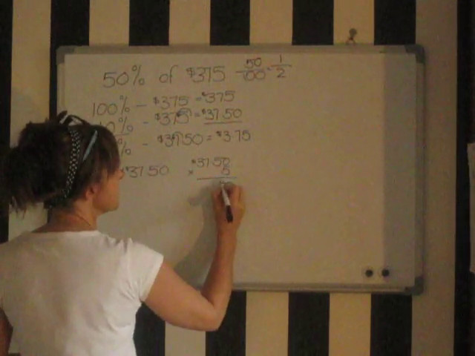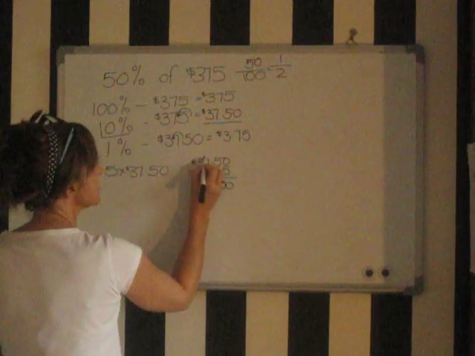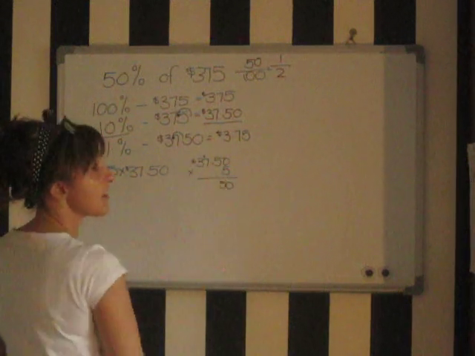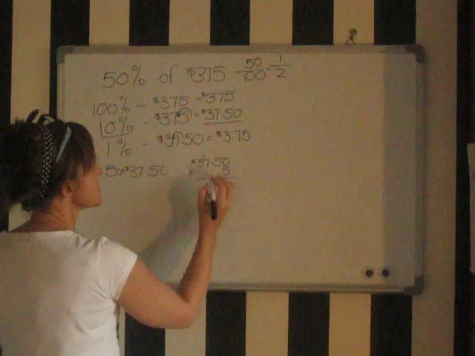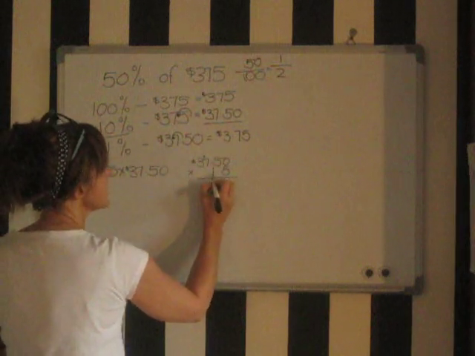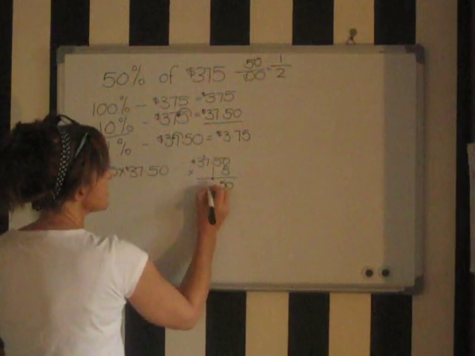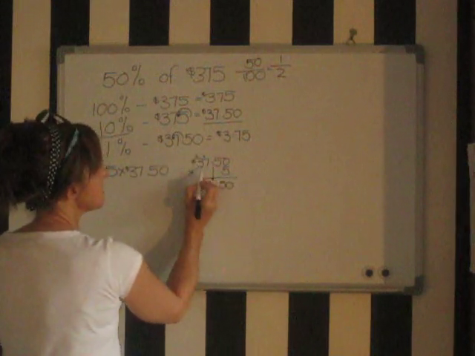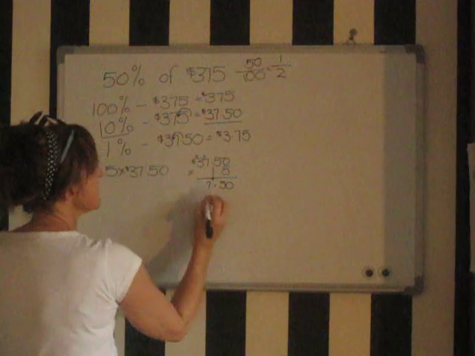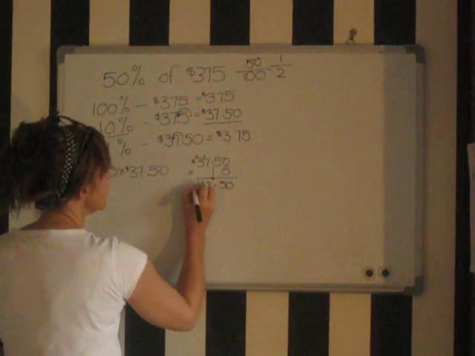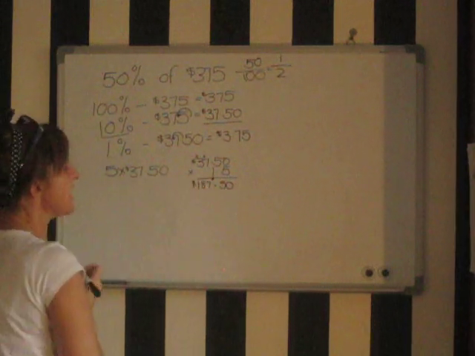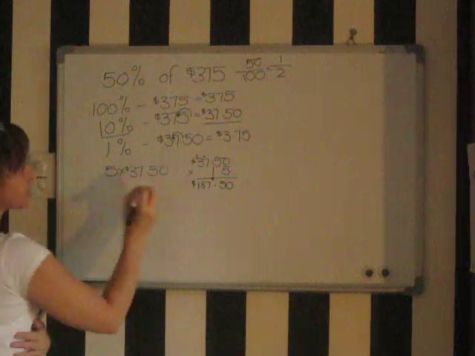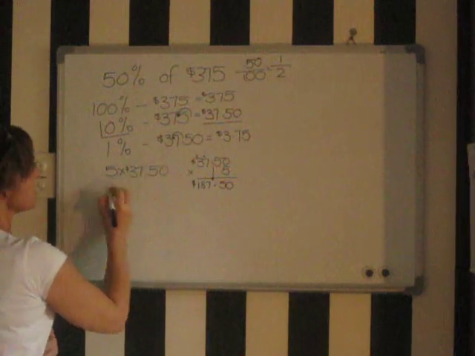So we put the 5 down and carry the 2. 5 sevens are 35, 36, 37. Oh, don't forget, bring your decimal point down. So 7, carry the 3. 5 times 3 is 15, plus 3 is 18. So $187.50. So that gives us 50%.